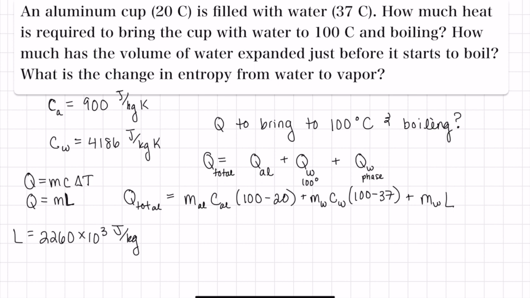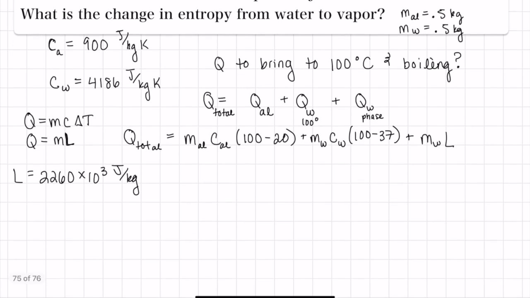Hey, I forgot to put in masses, so I'm just going to make up that they're both half a kilogram. So we'll say the aluminum is half a kilogram, and the water is half a kilogram, so a thick cup. And then we can substitute everything in and get our total.